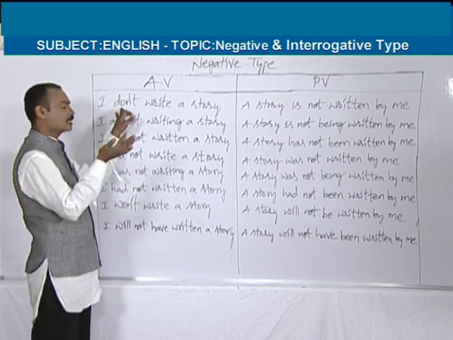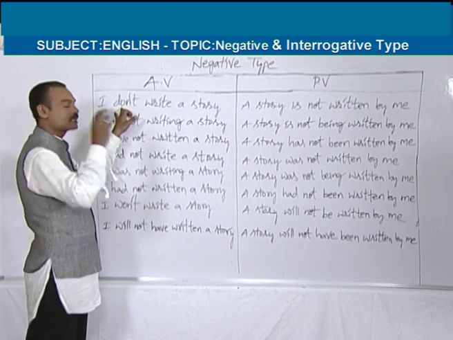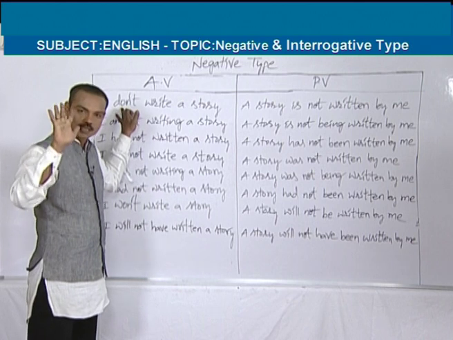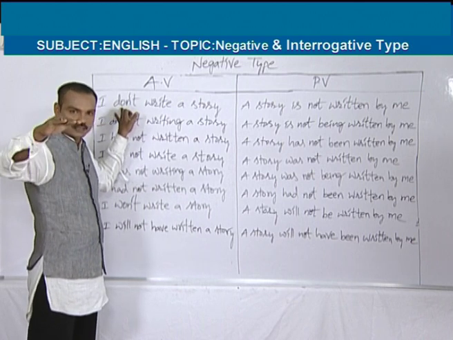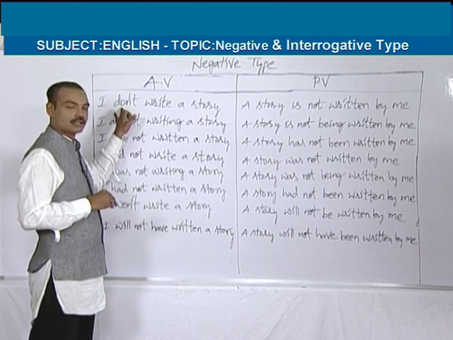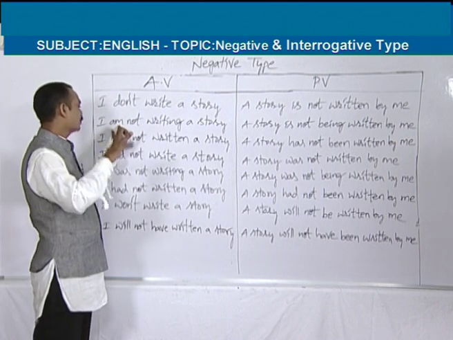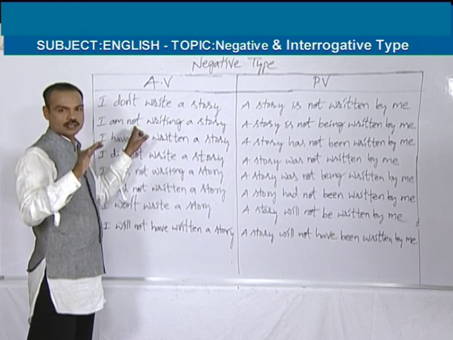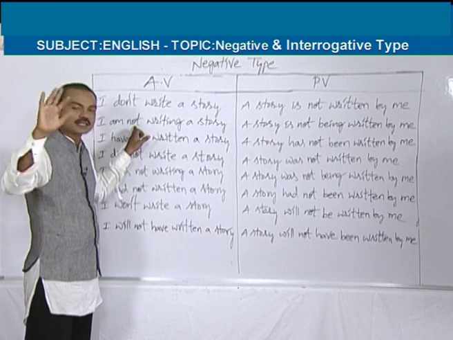In simple present tense, how can you find out it is a negative sentence of simple present tense? See friends, whenever you find either don't or doesn't in the negative sentence, that is called a simple present tense negative statement. Next, whenever you find am, is, are plus not, that is a negative sentence of present continuous.